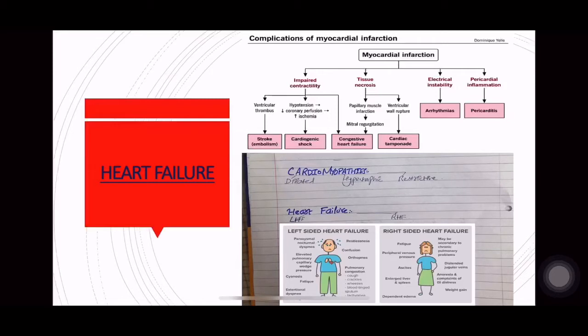Next, we have cardiomyopathies. It has different types: dilated, hypertrophic, and restrictive cardiomyopathies. Dilated cardiomyopathy is most common, in 90% of cases, often idiopathic or familial. In hypertrophic obstructive cardiomyopathy, 60 to 70% of cases are familial, autosomal dominant.